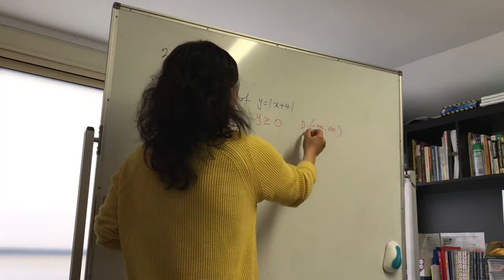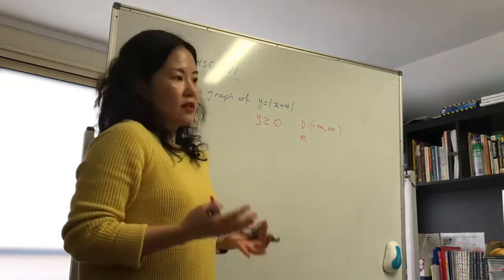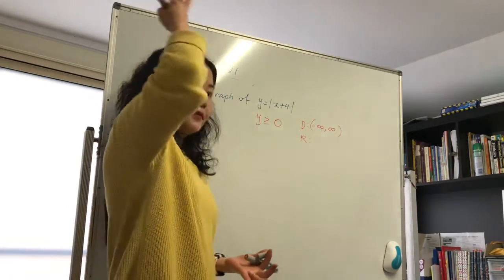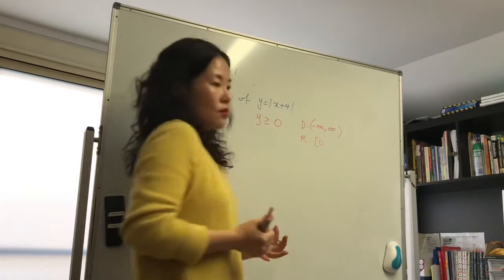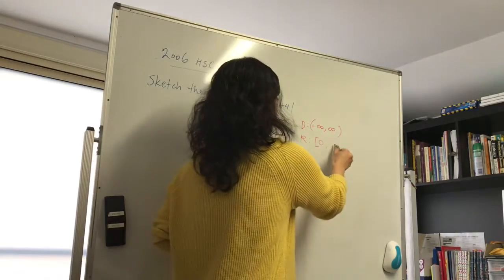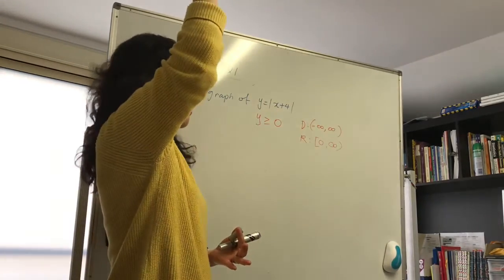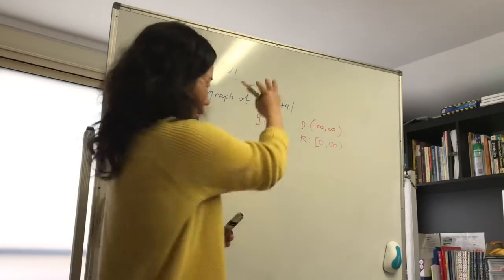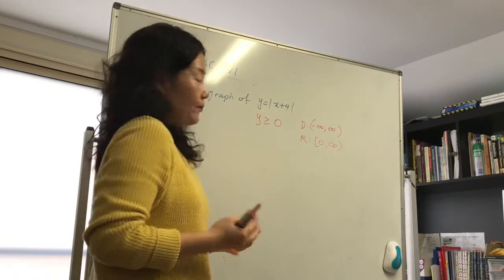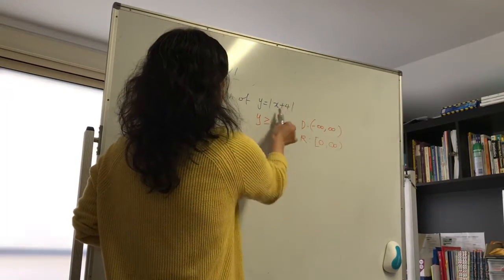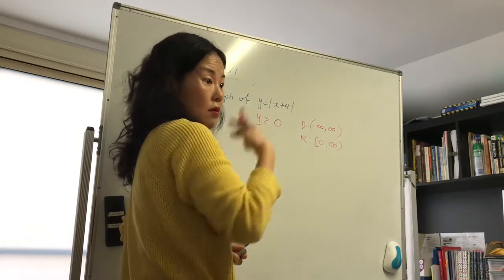But the range, where the y values are, is always going to be 0 and above. So that means 0 is included, but infinity we don't know, so it's going forever, so it's not included. So brackets, round one is not included, square one is included. So whatever x value we put, y is always going to be 0 or above.